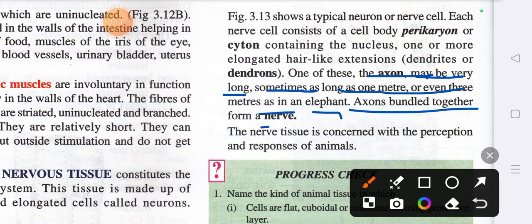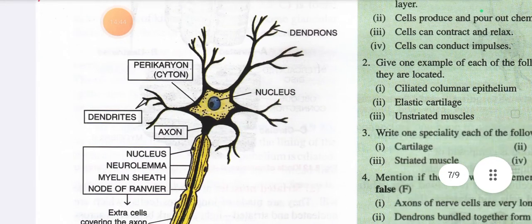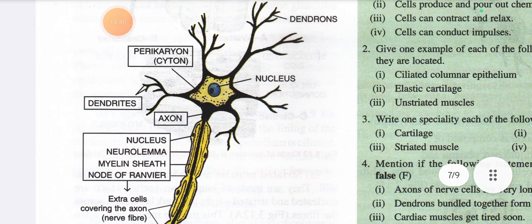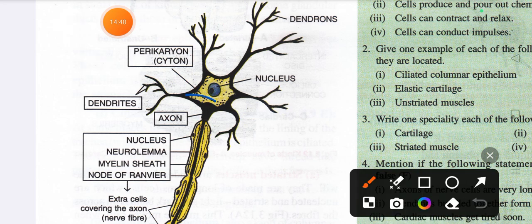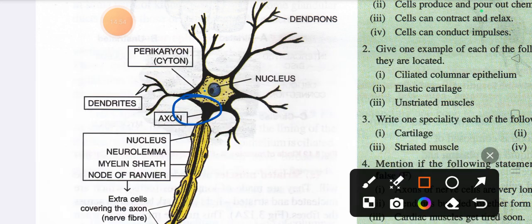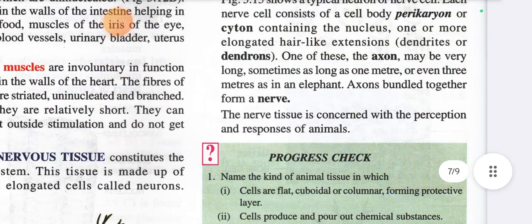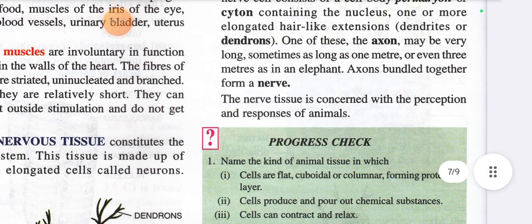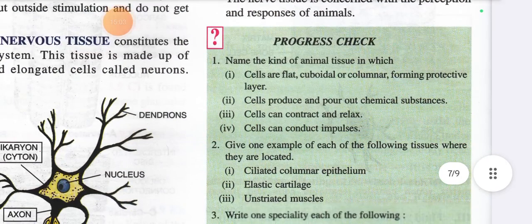Axons bundle together and form a nerve. So these are axons. Wait a minute. This thing is the axon. The nerve tissue is concerned with perception and responses of the animal.